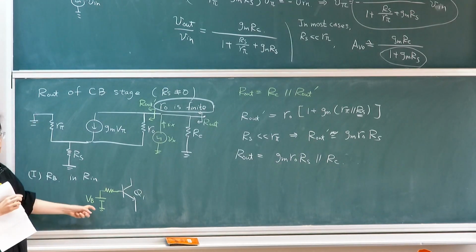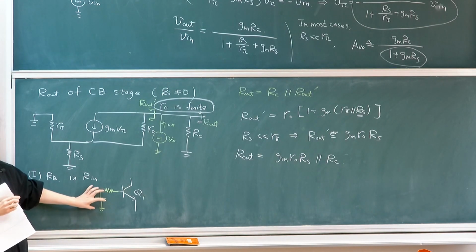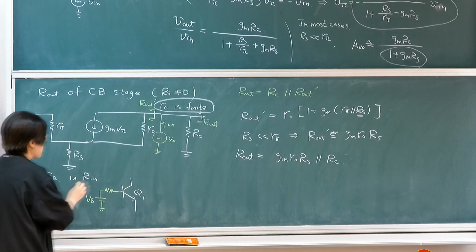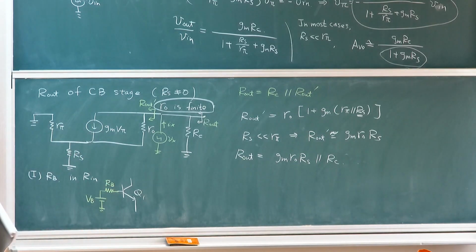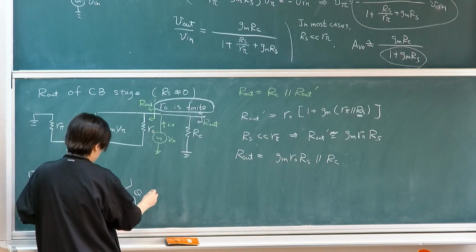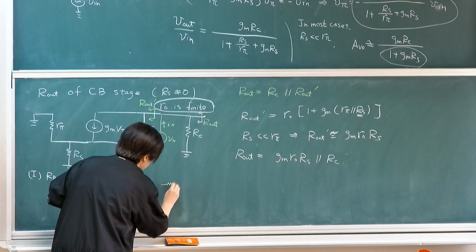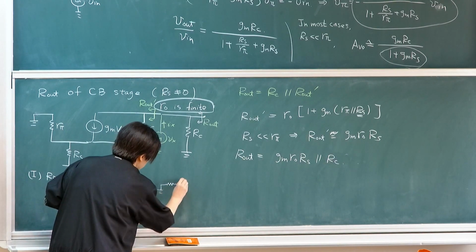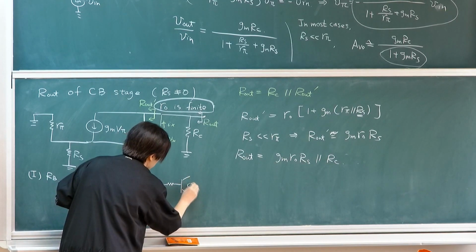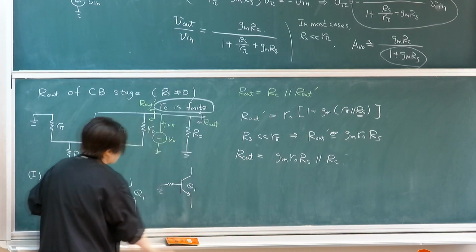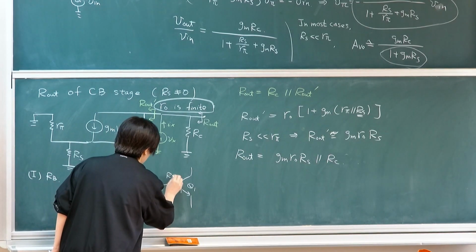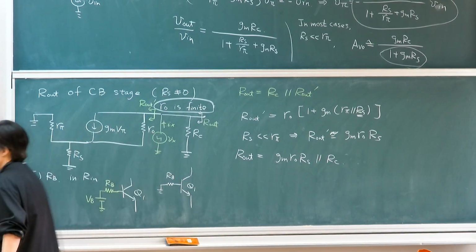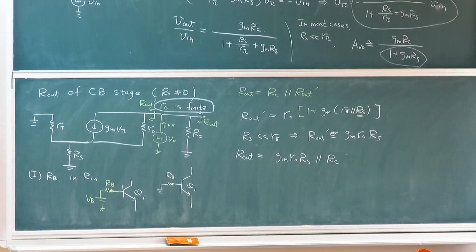This is still considered a common base structure, but there's a base resistance RB. So in a small signal sense, it will then become something like this. This will be my AC ground. So this will then somewhat impact my input resistance because there is a base resistance.